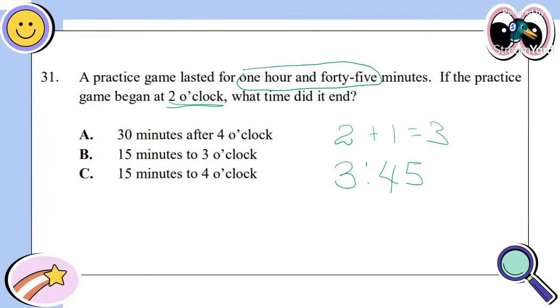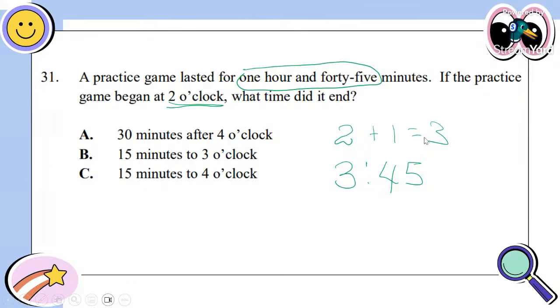Now, 3:45 written in this format, minutes after 4 or minutes to 3 or minutes to 4 o'clock, would be what? If we're at 3:45, that means we're going to 4 o'clock. And if there are 60 minutes in 1 hour, we need 15 more. Be kind in the chat.